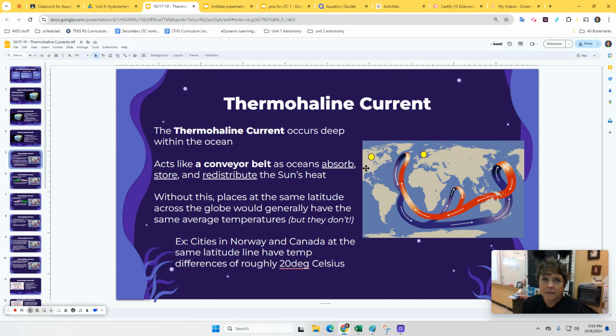It never snows there, but it also never really gets hot there. And then Norfolk, Virginia is more like how we are. It does snow there probably, and they have pretty hot summers, and that is because of the Gulf Stream that comes over here, and it brings warm air.